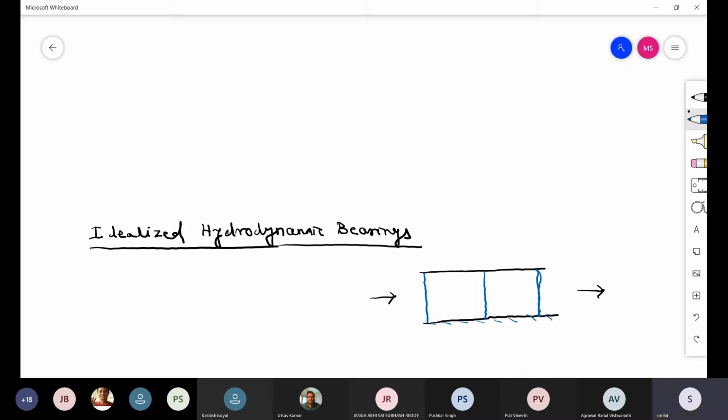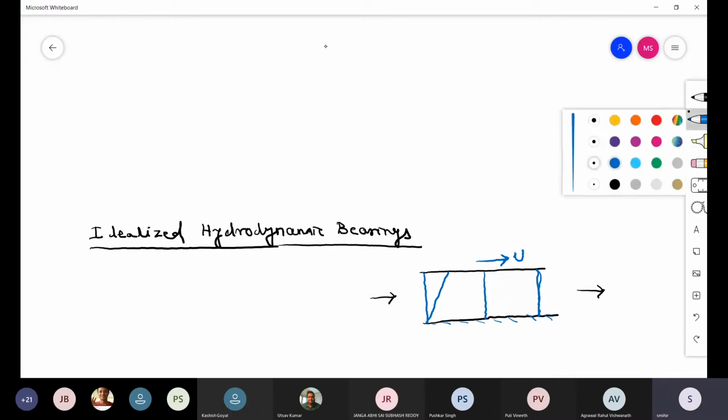So fluid is actually not entering, but because the top plate is moving with the velocity U, the fluid is also moving. Now as you can see from this graph, the velocity profile will be something like this.